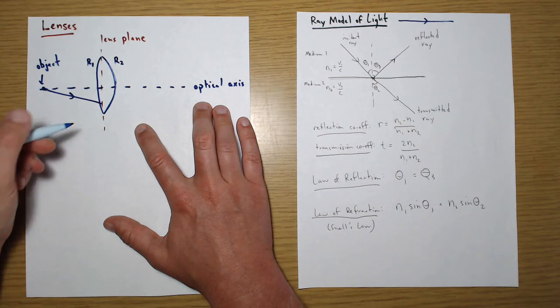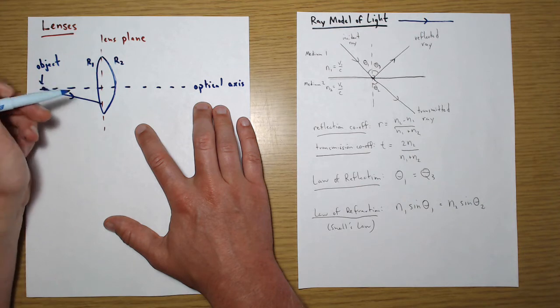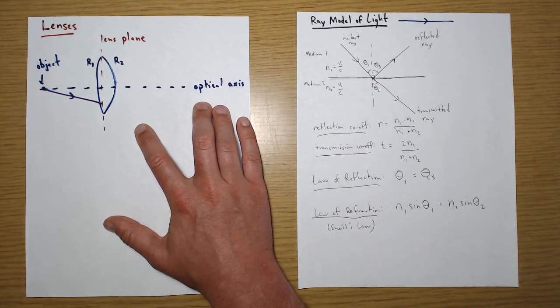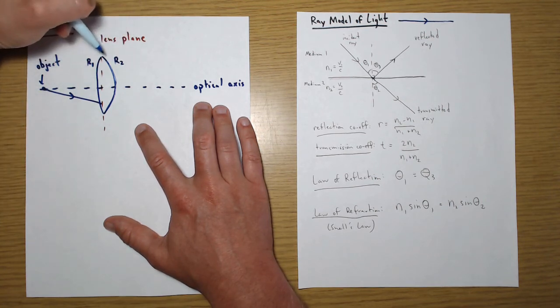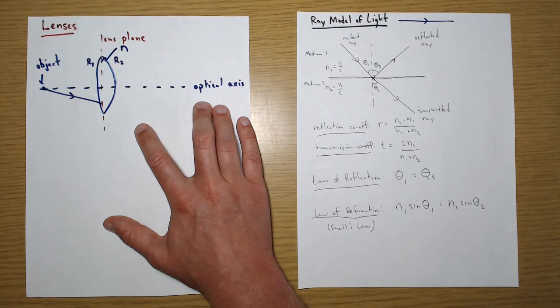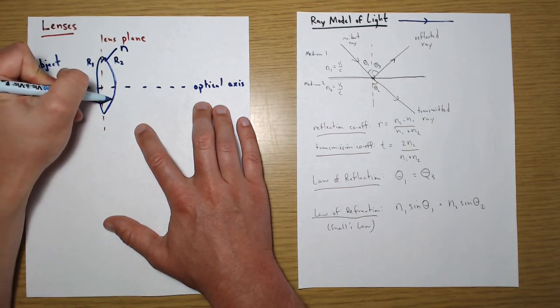Now you can imagine when it encounters that first curvature, Snell's law is going to give us a bending of the light. And I'll say that n is the index of refraction of the lens. So there's going to be some bending.